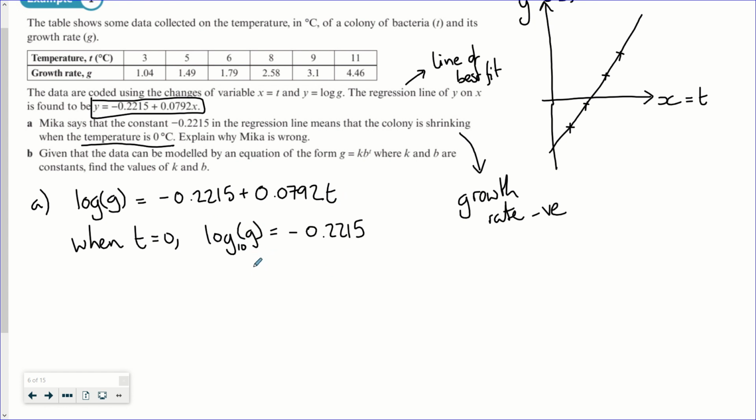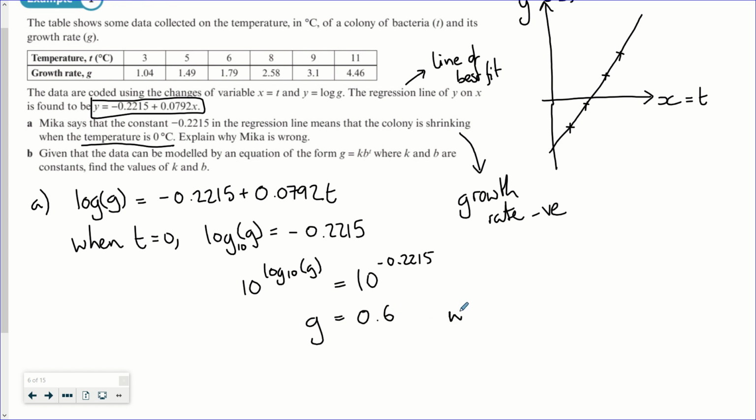Now remember that we're using log base 10, we're just not writing it each time. So in order to find g, we can do 10 to the power of both sides. So we can do 10 to the power of log base 10 of g equals 10 to the power of minus 0.2215. And the reason why we've done that is because 10 to the power of and log base 10 are inverse operations. So we get that g equals 10 to the power of minus 0.2215, and that's 0.6.